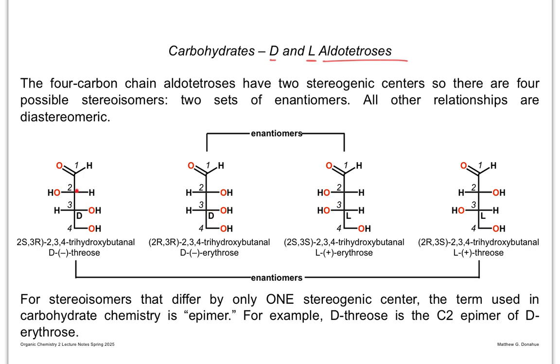And then what we're changing is the stereochemistry at carbon 2. So it can either go left or right. And then the same thing for the L side. So at carbon 3, the hydroxyl group is to the left, and then the stereocenter is either to the left or the right.